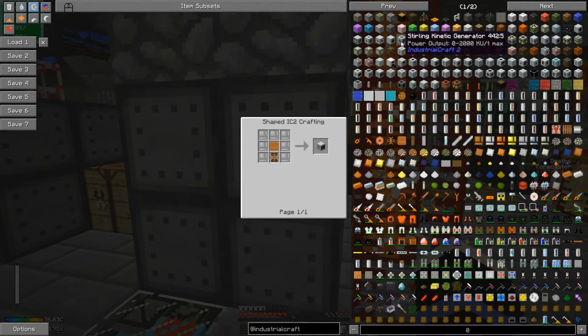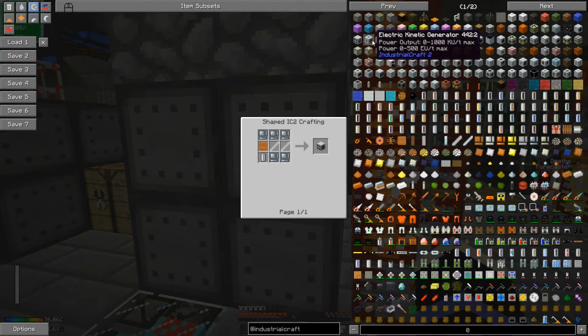Let's see. Stirling kinetic generator. That's not it. Kinetic steam generator. That's the one. That is steel item casings, the shaft, which needs another boiler, and a universal fluid cell. So we're going to need some steel eventually.